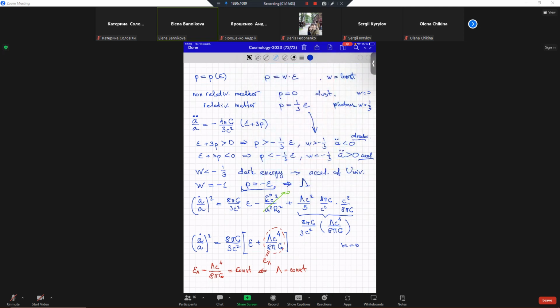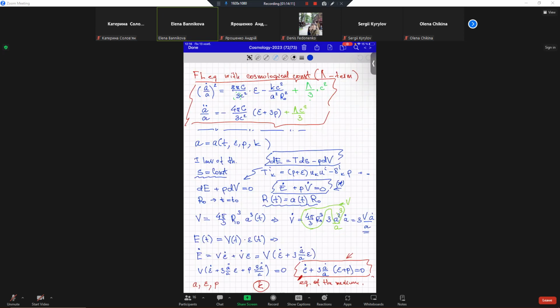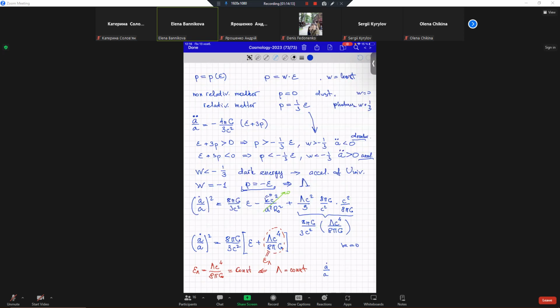we can see from the equation of the medium that we will have a point divided by a, times 3, in case it doesn't disappear, (p plus epsilon) equal 0.